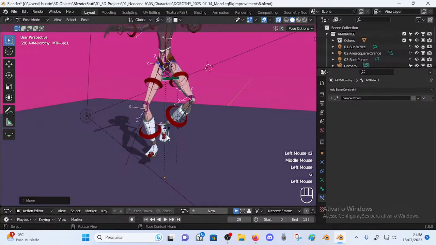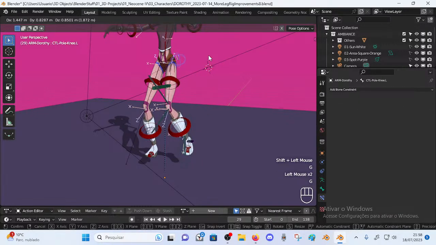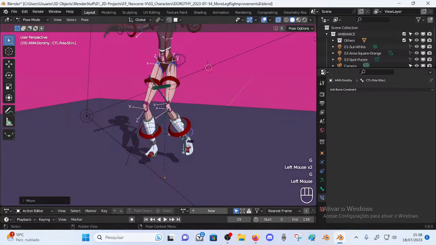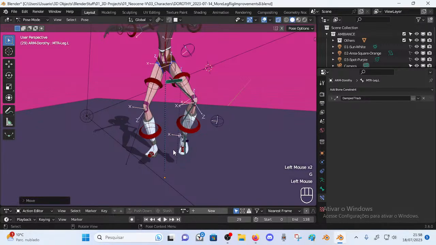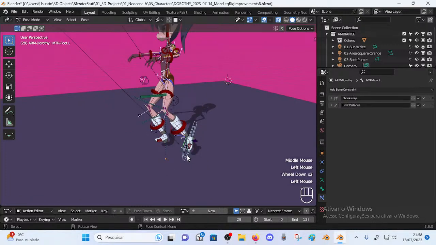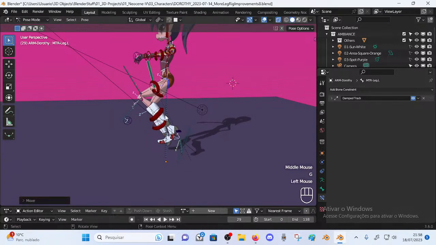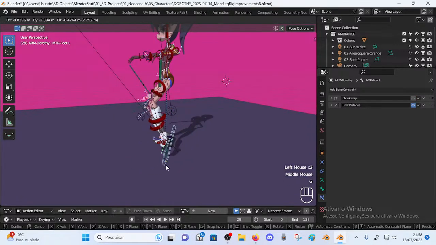And same here. So on occasions we want to pose this simultaneously, and even on occasions maybe, yeah. There are some bone constraints here that can be useful. For example, this limit distance on this, and there's a damped track, so this can make things a bit more dynamic.